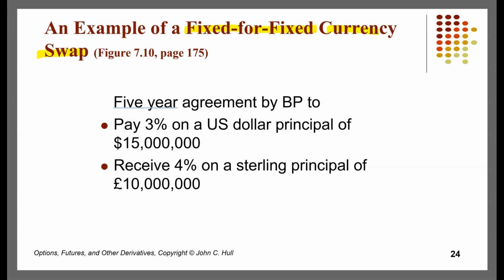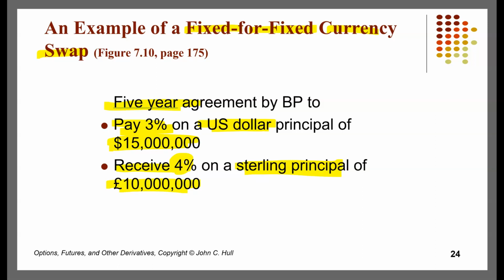The example we're going to look at is a 5-year agreement to pay a 3% fixed rate in US dollars on the principal of 15 million US dollars, and receive another 4% fixed rate in British pound sterling on the notional amount of 10 million.